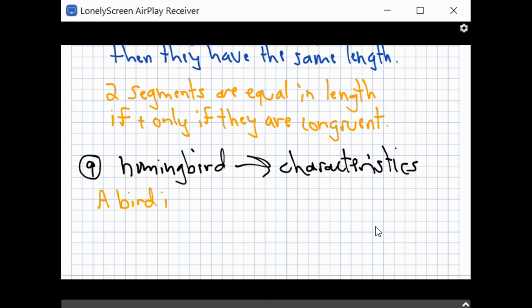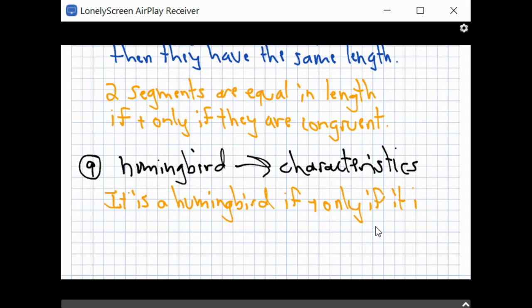Actually, let's even just do it this way. It is a hummingbird if and only if it is, and then all the rest is that clause.